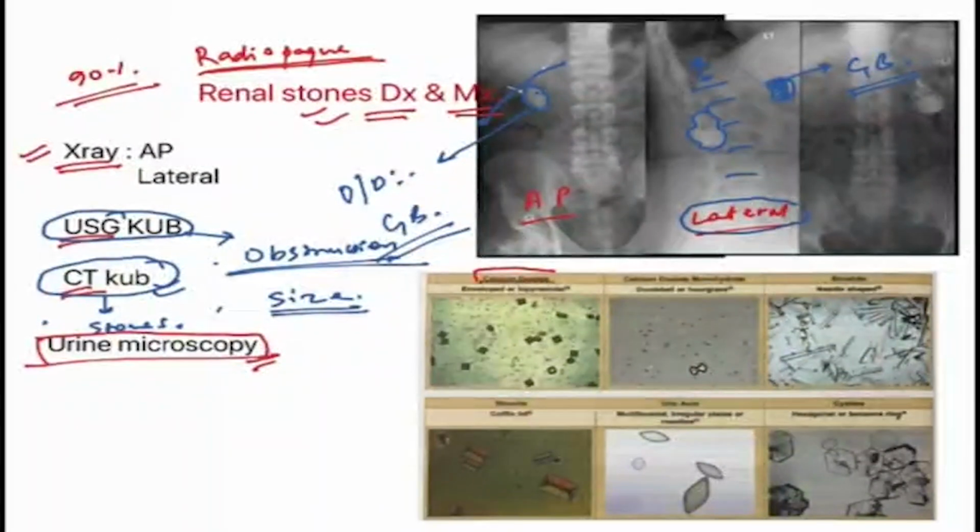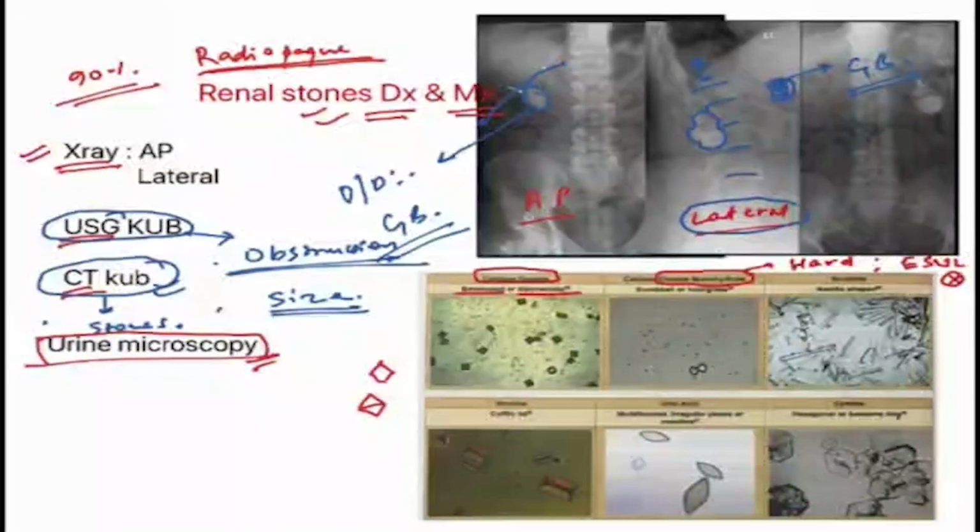In this we can see that the calcium oxalate stones are envelope or bipyramidal shaped. Then calcium oxalate monohydrate stones are very hard, and extracorporeal shock wave lithotripsy is not useful because these stones cannot be broken by shock waves. In this we see the dumbbell shaped stone.